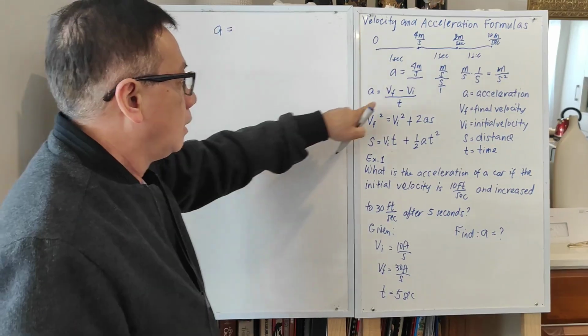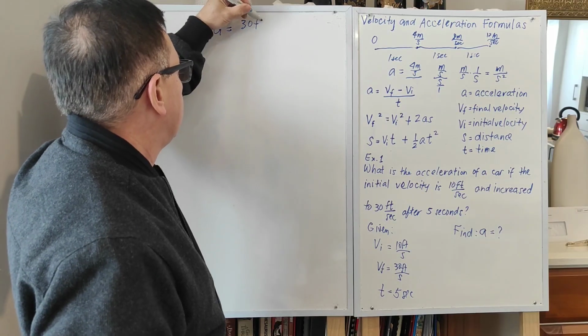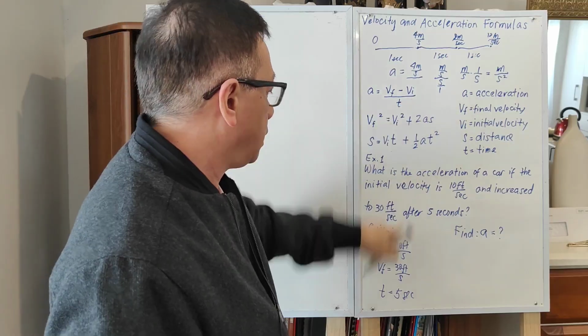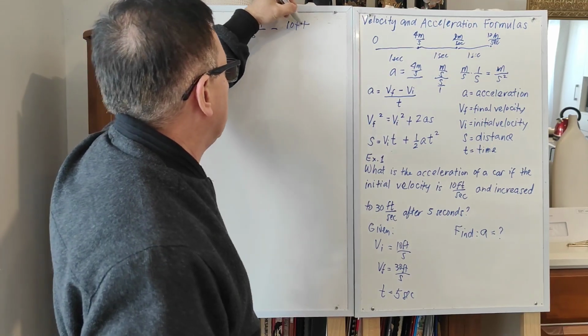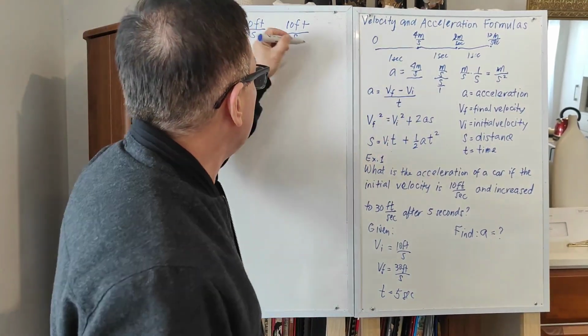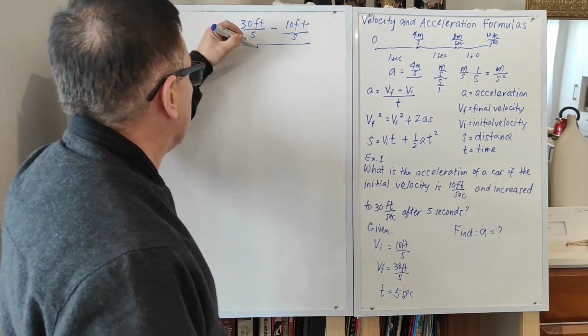Acceleration is, so your final velocity is 30 feet per second minus initial velocity 10 feet per second divided by time. Time is 5 seconds.